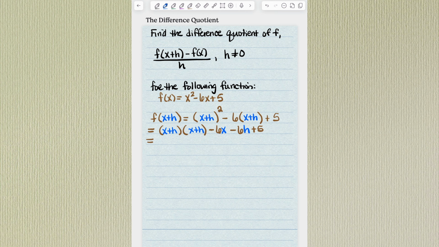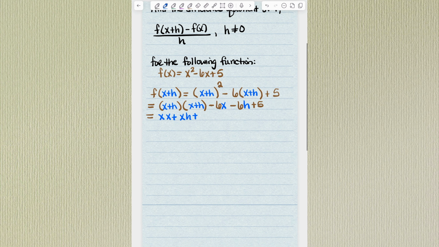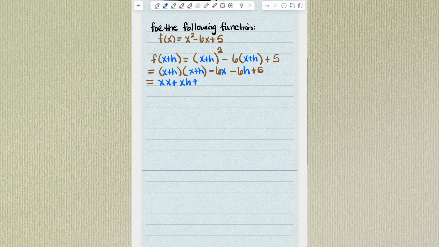So the first is going to be x times x. The outer is going to be x times h. The inner, h times x, right? And I'm going to write it exactly how I'm saying it. And then the last is going to be h times h, which I'm just going to write hh, okay?